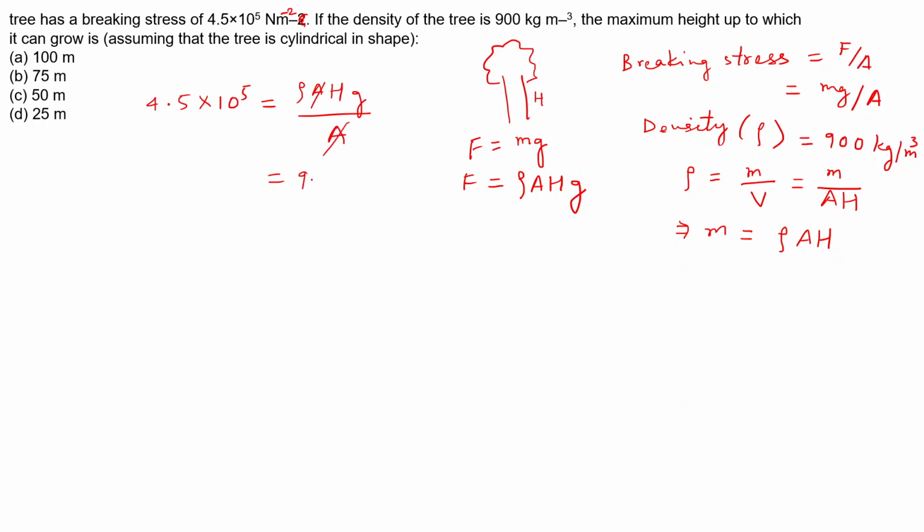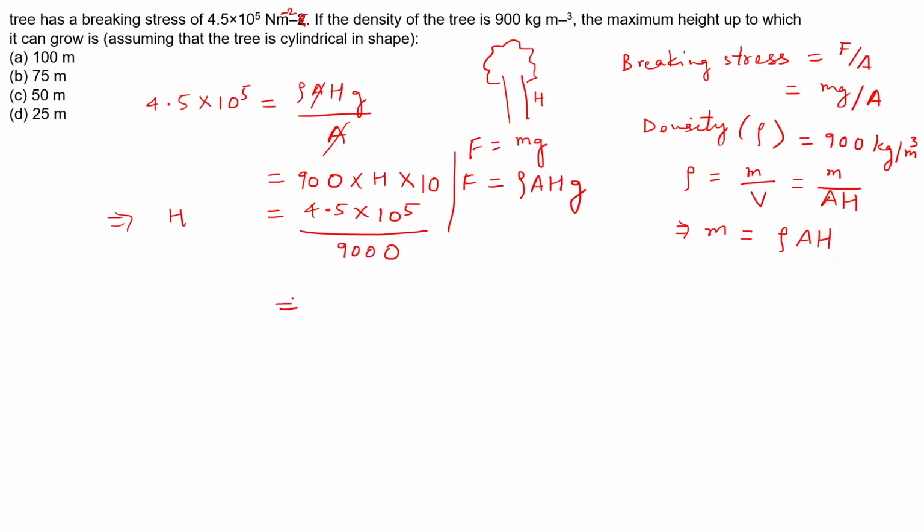Density we have been given, 900. This is in SI units, so everything is fine. Height we need to find out, and g, if we just assume it to be 10 meter per second square, then I need to find h, which is 4.5 times 10 to the power 5 divided by this 9,000.